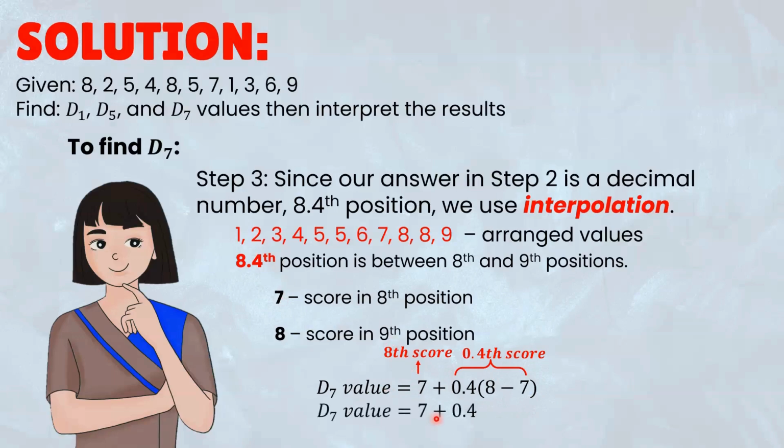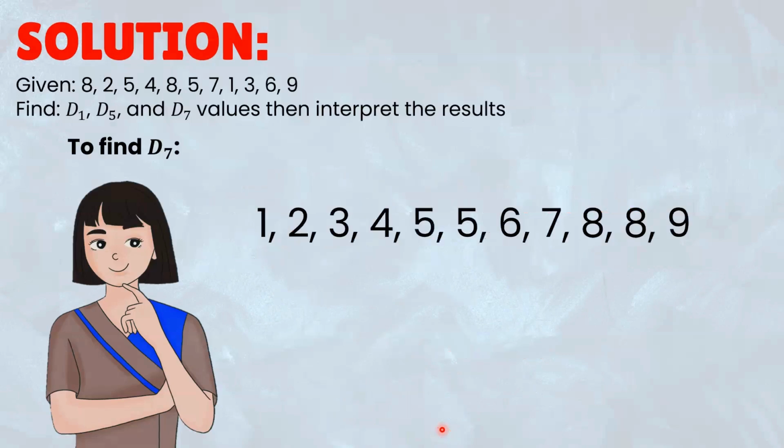Okay, so we perform the operations. So we have 7 plus 8 minus 7 is 1 times 0.4, that gives us 0.4. So 7 plus 0.4, that gives us 7.4, which is now our decimal 7 value. Okay, so decimal 7 value is located somewhere here, and it is equal to 7.4.